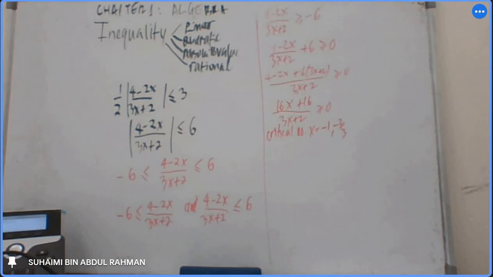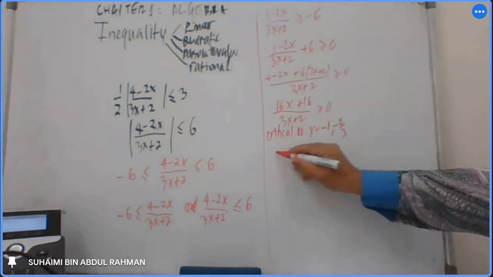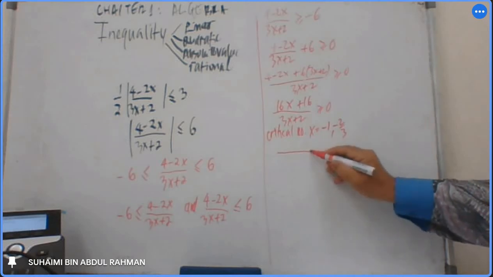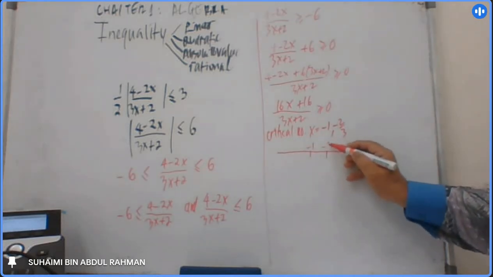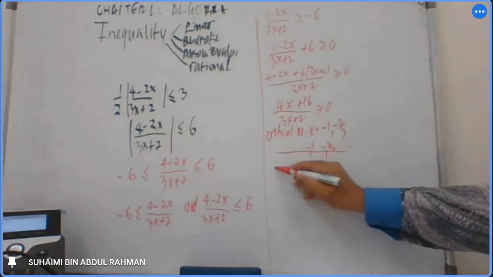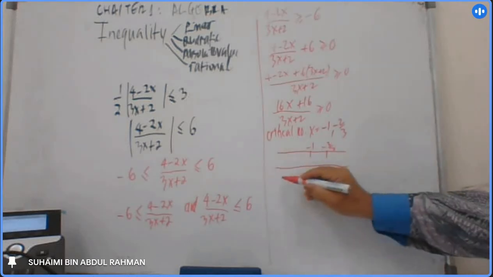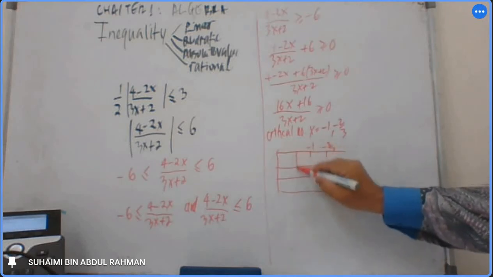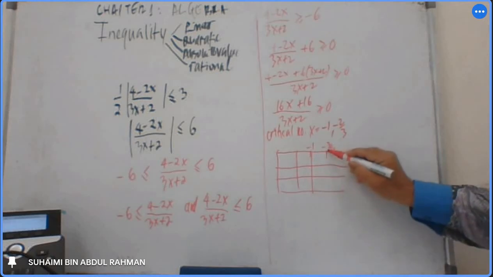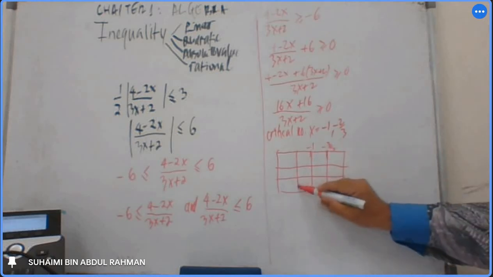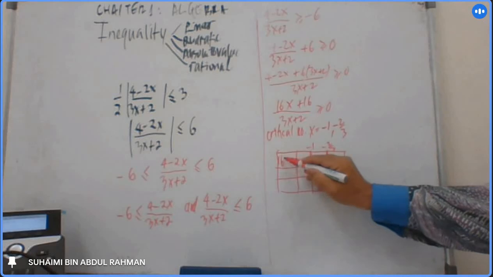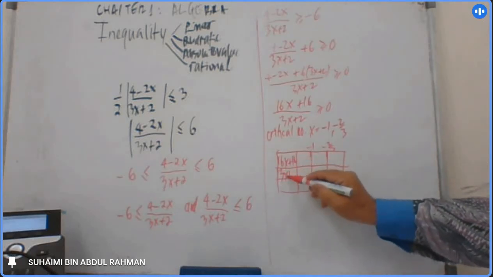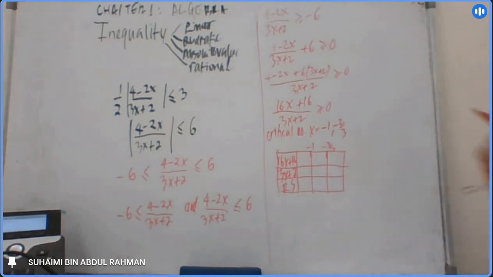So minus 1 and minus 2/3. Then the sign diagram for 16x plus 16, 3x plus 2, and the resulting sign.